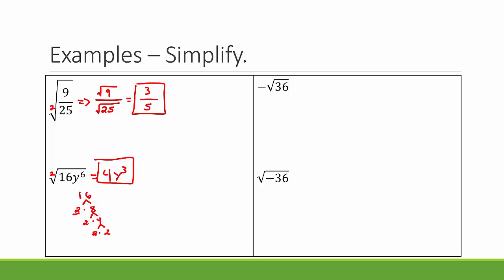So looking at my prime numbers, 2, 2, 2, and 2, since my index is 2, I'm trying to find pairs of numbers that are alike. So I have a pair of 2's here, so that's a 2. Then I have a pair of 2's here times 2, and you see I will get the same answer of 4. So that's another way that you can simplify radicals.